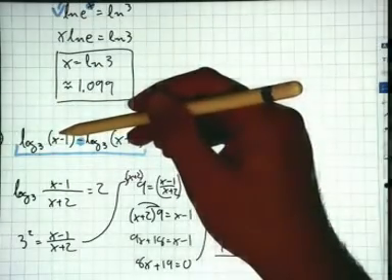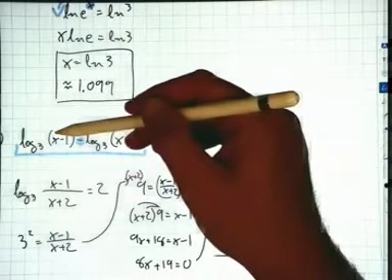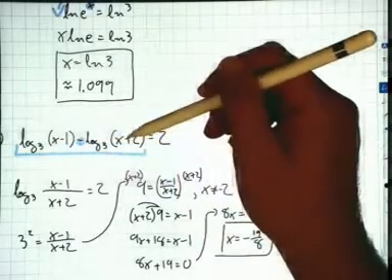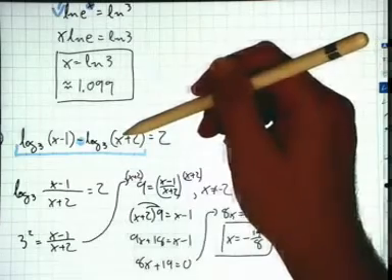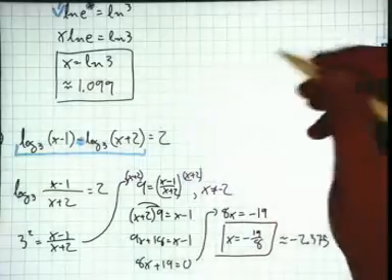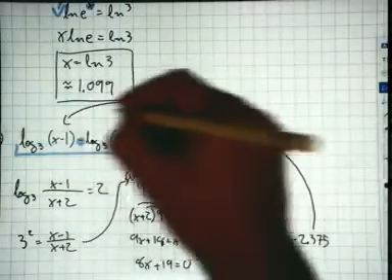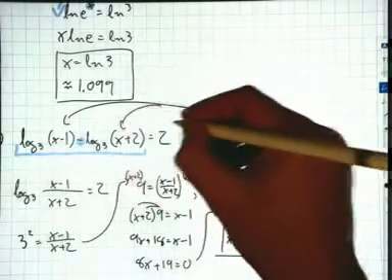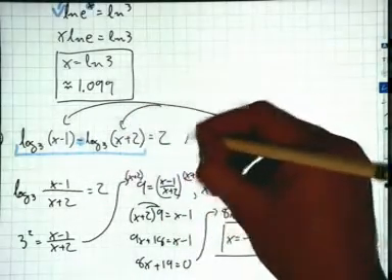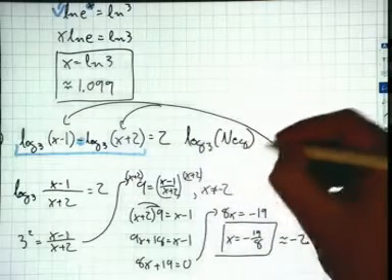That's less than 0. You cannot take the logarithm of something that's less than 0. Negative 2.375 plus 2, that's still going to be less than 0. So if you plug this into either this or this, you get the log base 3 of a negative number.